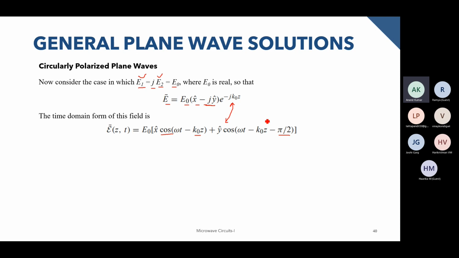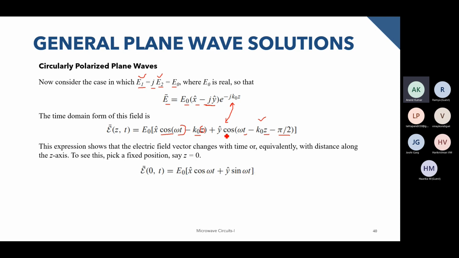What we see here is that the electric field vector is now changing with both space and time. And if we try to plot this particular vector, we'll see some shapes.